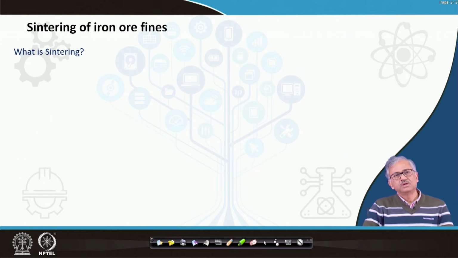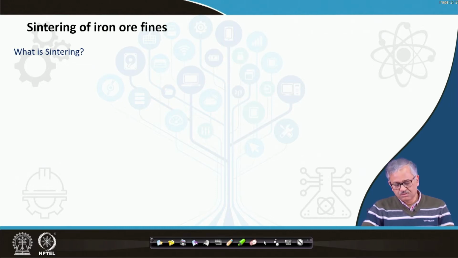And also some new crystallographic phases appear in the sinter. When you make the basic sinter or flux sinter, then calcium ferrite forms, new phases form. These crystalline phases can also hold the particles together very strongly, and not only that, they also provide a lot of reducibility.